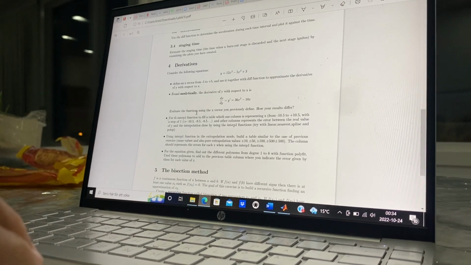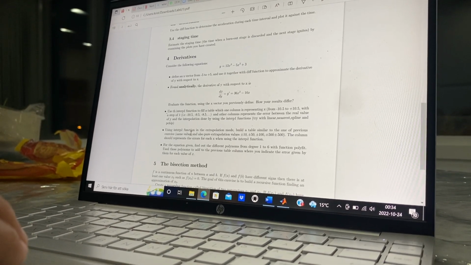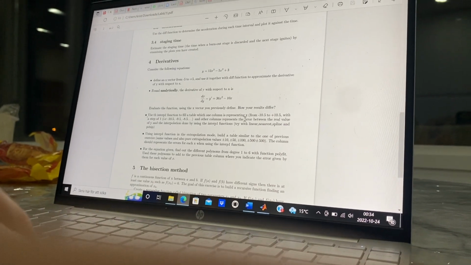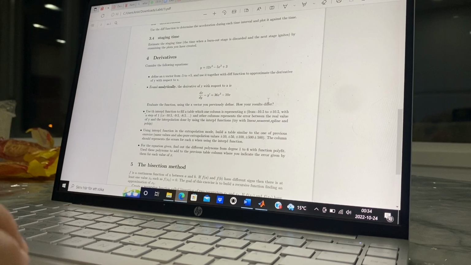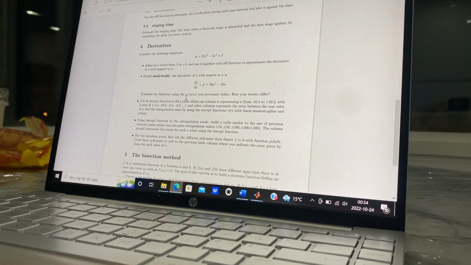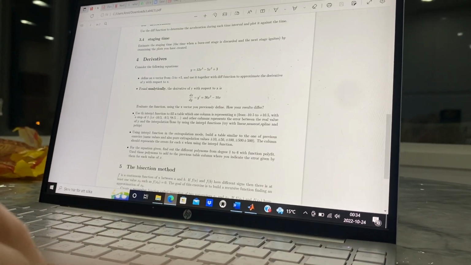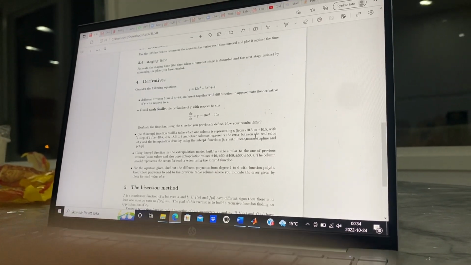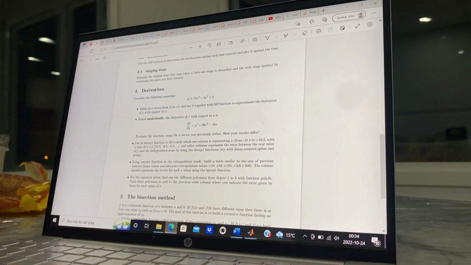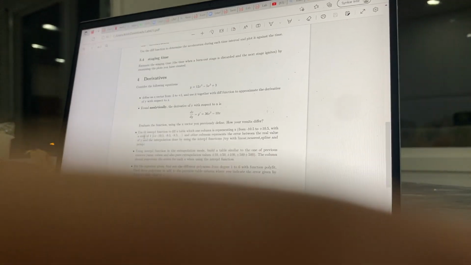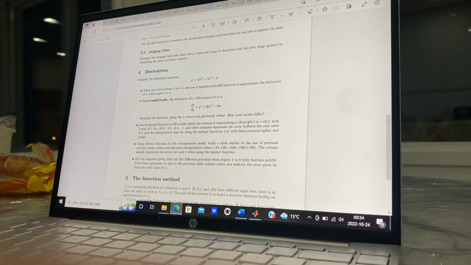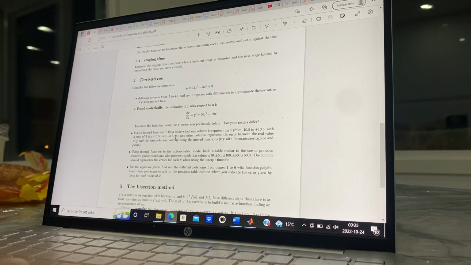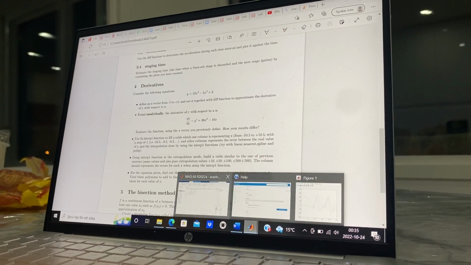And what I'm going to do now is evaluate the function using the x vector I previously defined. What is the difference in my results? So I'm going to use the interp1 function to fill a table in which one column is representing x from minus 10.5 to plus 10.5 with a step of 1 in between. That means from minus 10.5, as you can see here, to minus 9.5 to minus 8.5, all the way up to plus 10.5.